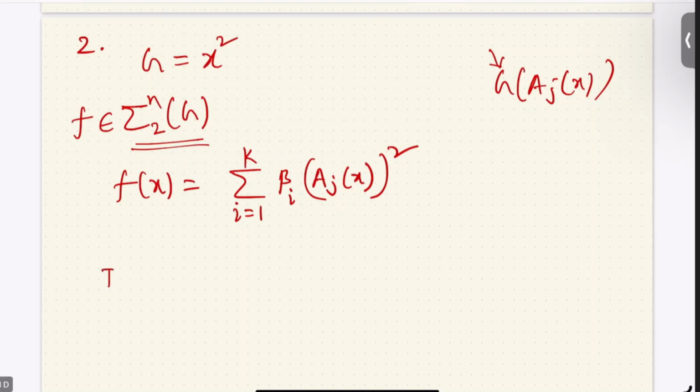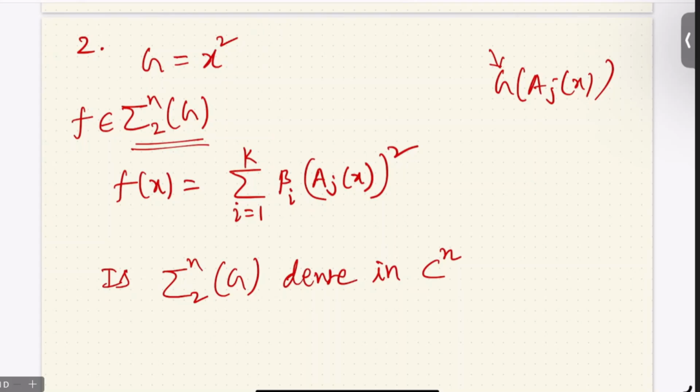Now the question is: is sigma 2 ng dense in Cn? I'm not mentioning the compact set here.